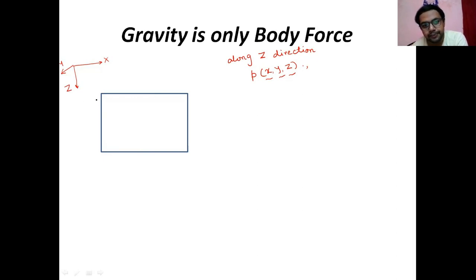If you take the x coordinate, there is some pressure acting, Px. This distance, let us take it as del x. Here the pressure is acting at x plus delta x.